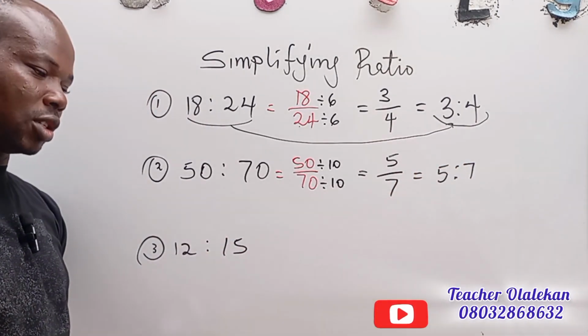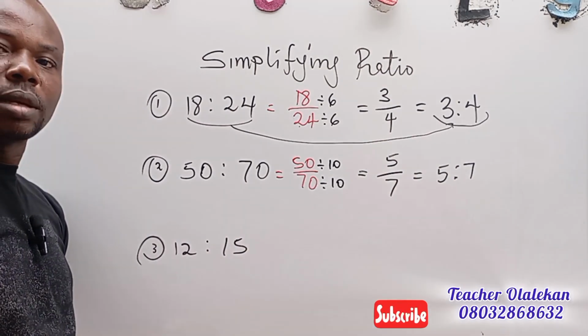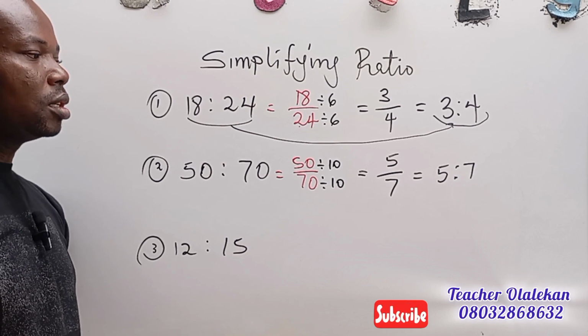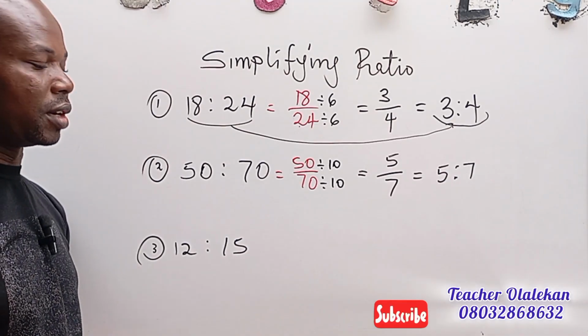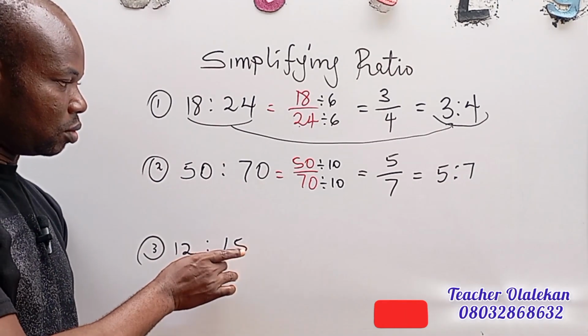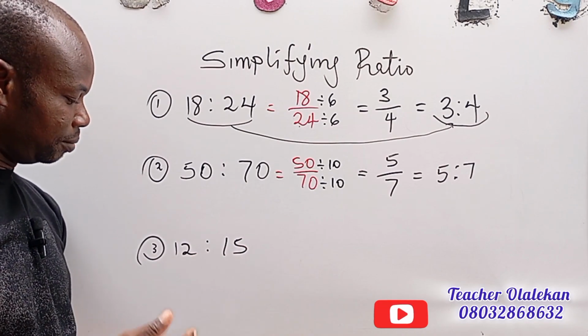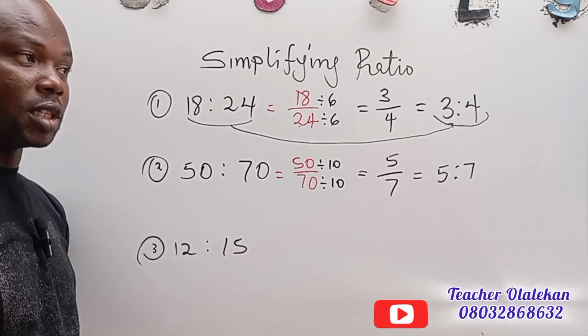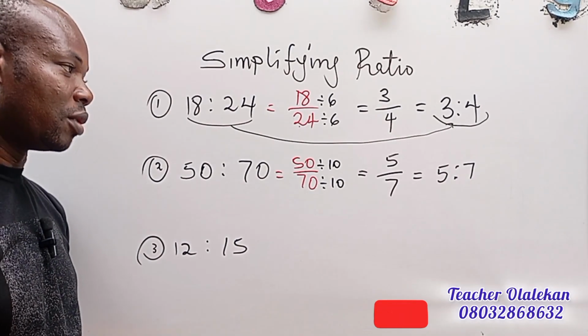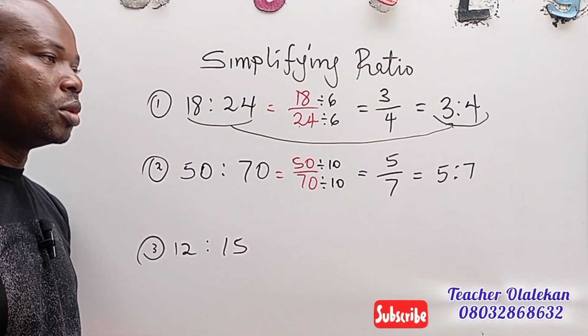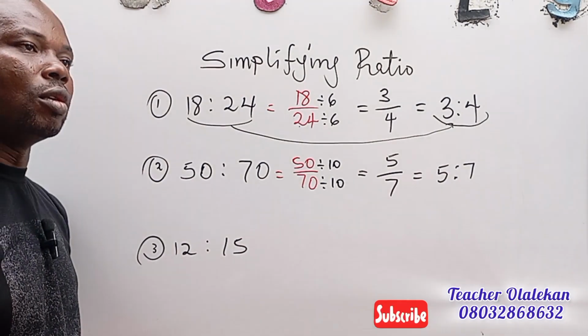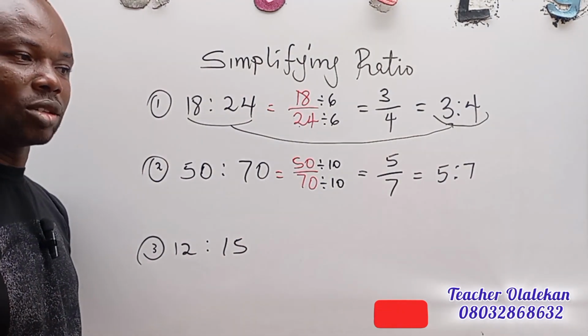The ratio is a fraction when you take it to the lowest term, or even if you leave it the way it is, it's still a fraction. And the third one that we have here is 12 ratio 15. The same way we've been solving the others, you can try to solve these for clarity and mastery.